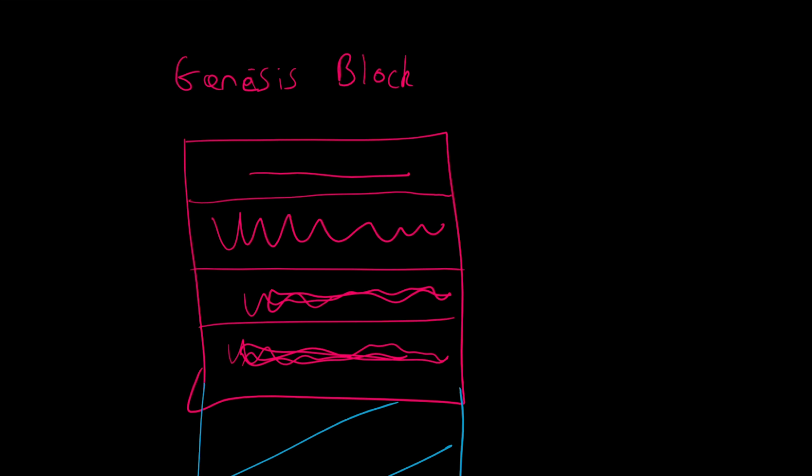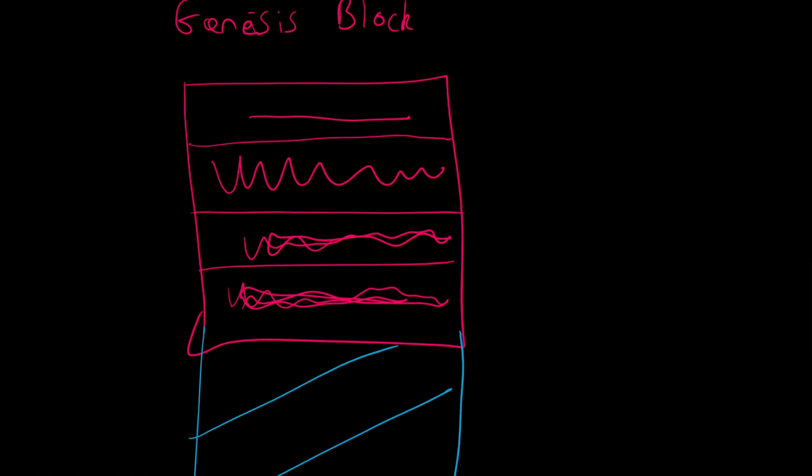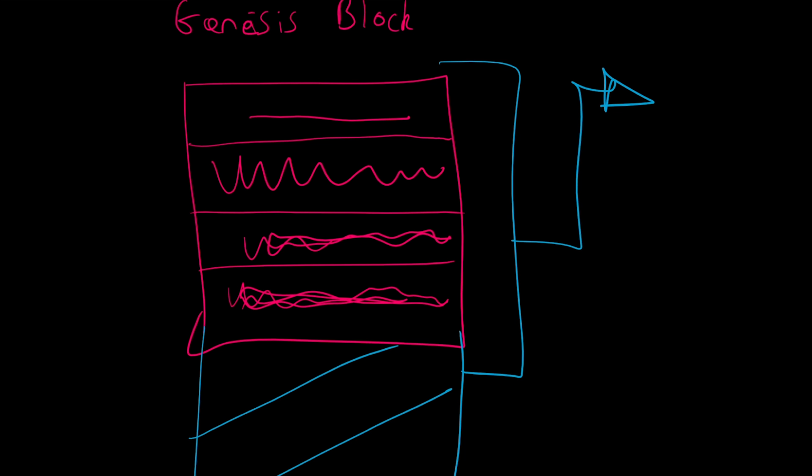And like I said, it is statically coded, and it is this that is hashed, and it forms the previous hash in block number 2, also referred to as 1, the second block essentially.